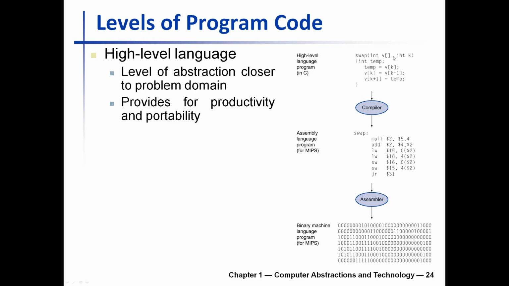We take the value from the kth position in this array, and put it in the temporary variable, and we move the next value after that position to the kth position and put the temporary variable's value, which was the kth position's value, in the k+1 position. A very simple swap procedure, right? Swapping two values in an array.